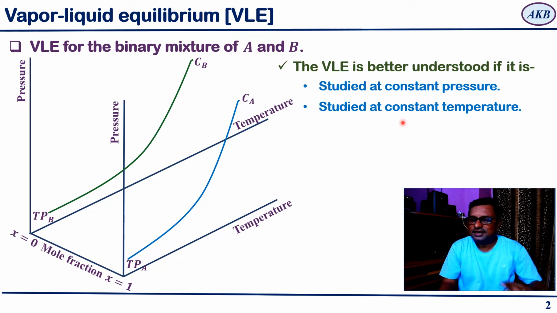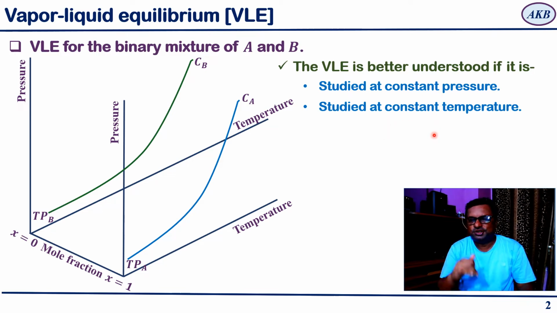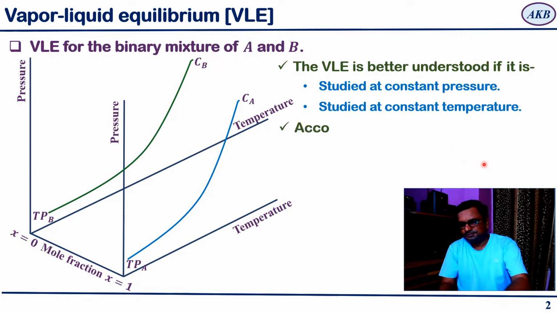When you study at constant temperature, again you have two variables, pressure and composition. If either pressure or temperature is kept constant, then you can understand it in a better way.